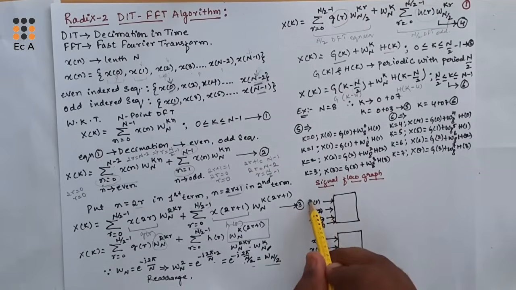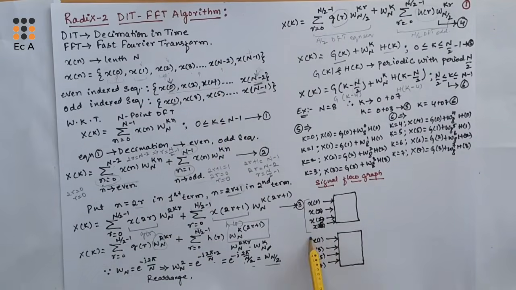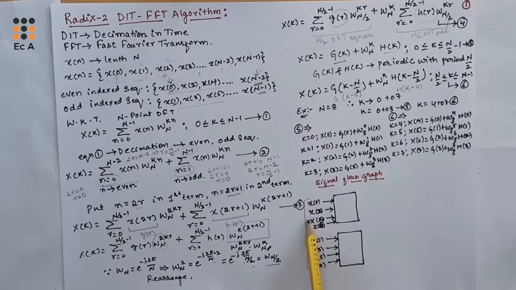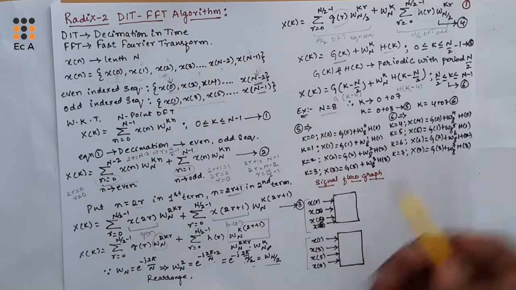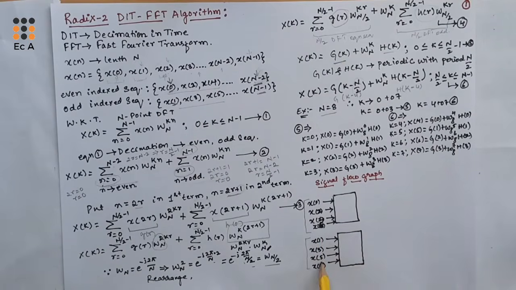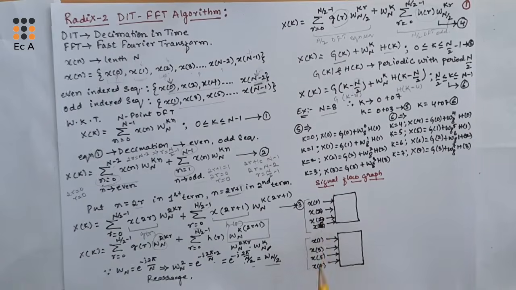For the first block, the inputs are the even sequence values, and for the second block, the inputs are the odd sequence values. Here we have taken only 8 values because we have taken an 8 point DFT. So these are even sequence values and these are odd sequence values. That's why we will get x of 0, x of 2, x of 4, x of 6 here, and x of 1, x of 3, x of 5 and x of 7 here.